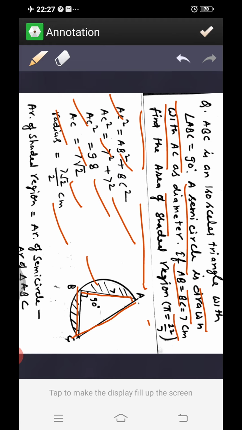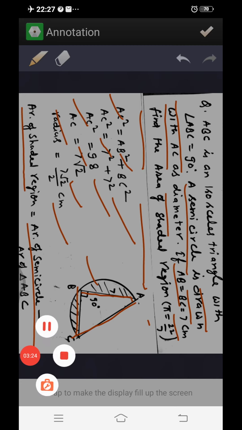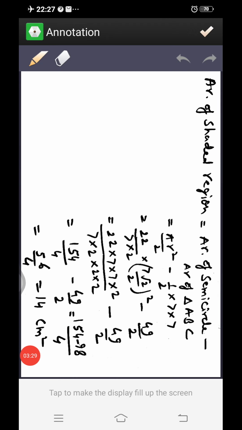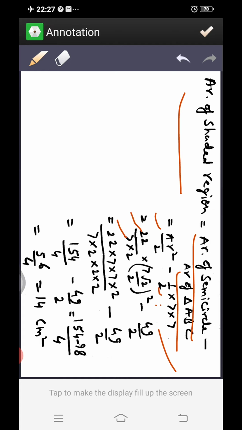Now we have to find area of shaded region, that will be area of semicircle minus area of triangle ABC. So pi r square upon 2, this will be the area of semicircle, and area of triangle 1 by 2 base into height. So we put here pi equal to 22 upon 7 upon 2 as it is, 7 root 2 upon 2 whole square, that is r, and area of triangle we get 49 upon 2.